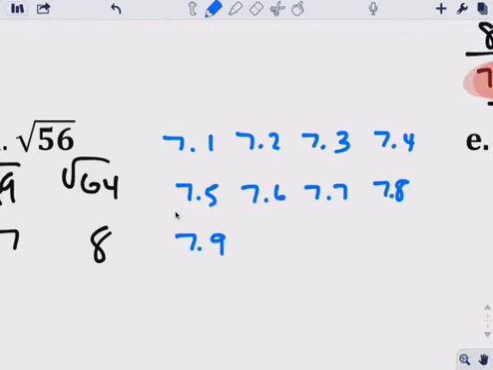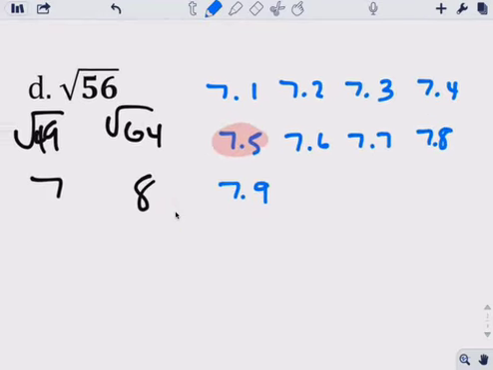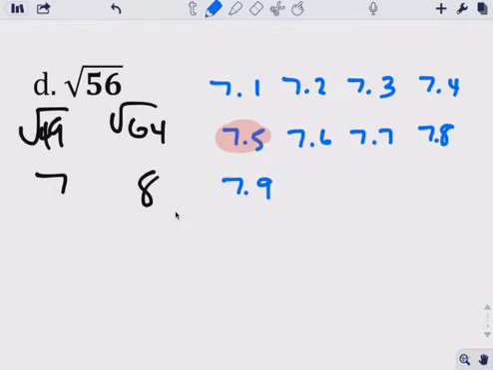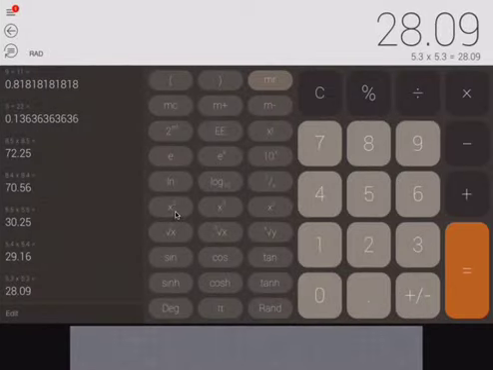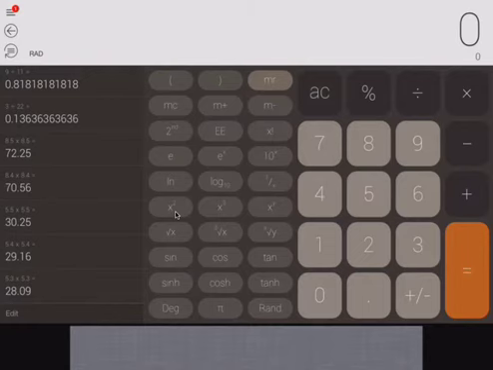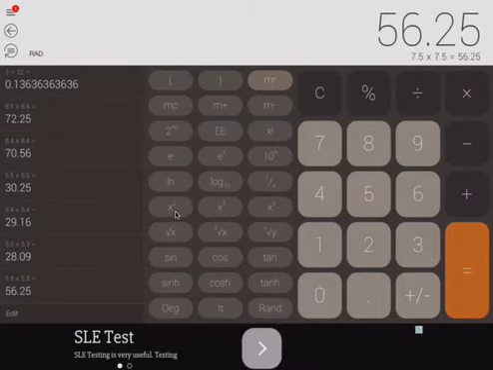Okay? Let's choose 7.5. Our favorite number to go to. And then we can choose which one to eliminate. The top ones or the bottom ones. 7.5 times 7.5. Okay. Clear it. 7.5 times 7.5 equals 56.25.